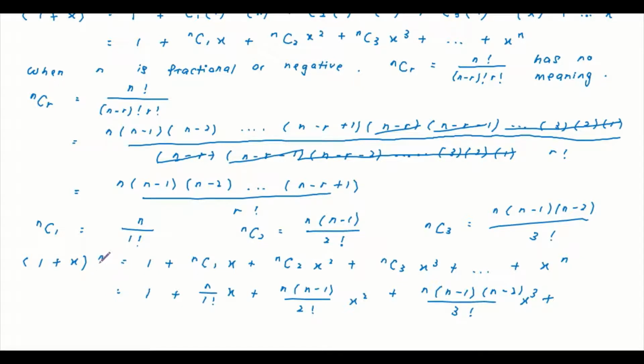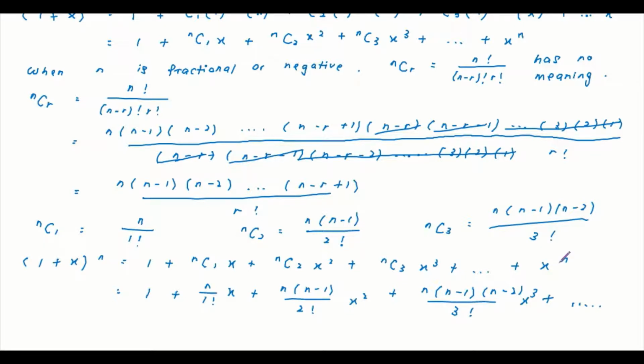Imagine that your n here is a fraction or a negative integer. It will not reach a point where you get that last term. So that's why this series is an infinite series. You do not have a binomial expansion with a last term.